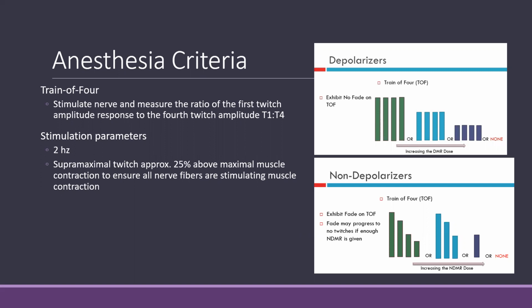Supramaximal twitch, which is approximately 25% above maximal muscle contraction, is obtained to ensure all nerve fibers are stimulating muscle contraction. It's important that we achieve supramaximal instead of just maximal stimulation, because if we're not stimulating all muscle fibers to contract, then we cannot verify that our fade or amplitude decrements in our train of 4 are due to the paralytic being on board, or if it's because of subpar stimulation.